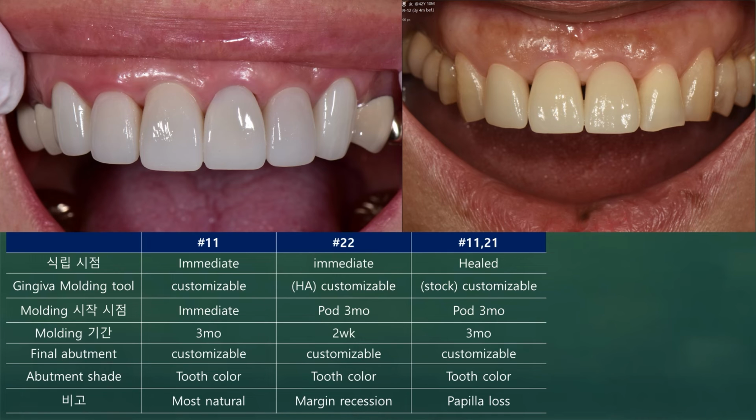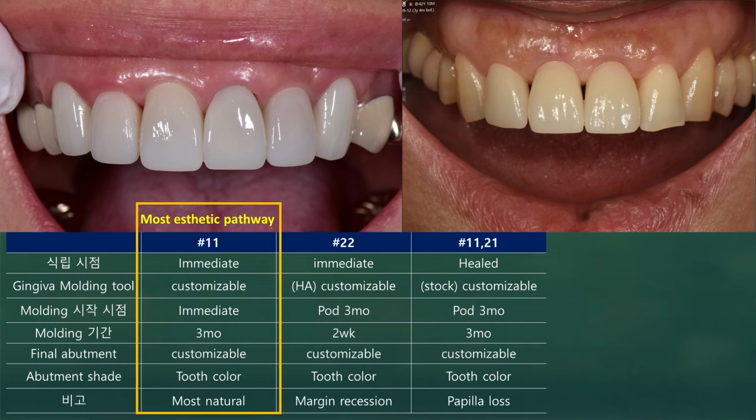The conclusion is that number 11 is the best of these three comparisons. So when we treated number 11, the process we took aesthetically seems to have the best results. That's what we can surmise.